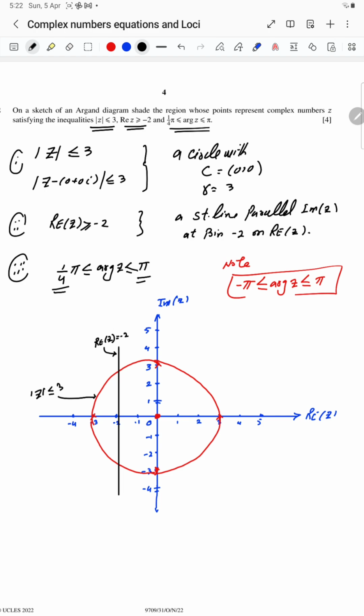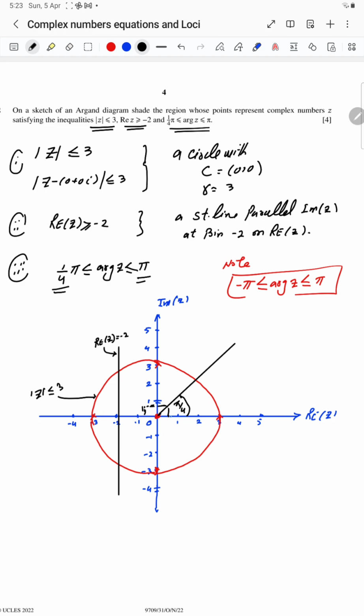This angle is pi by 2, so pi by 4 will be here. I can write this angle as pi by 4, and we know it's bigger than pi by 4 but less than or equal to 180, and in total it covers the first two quadrants.